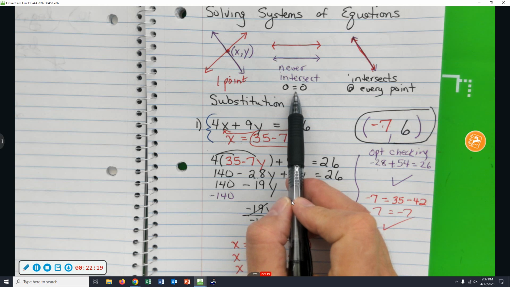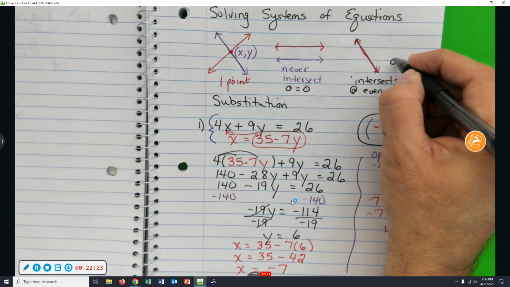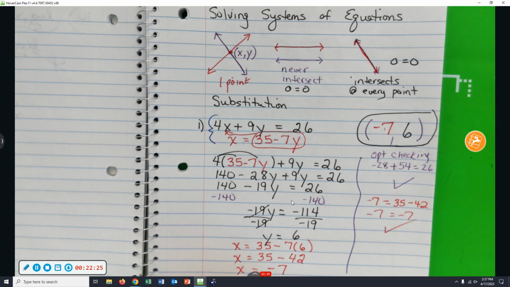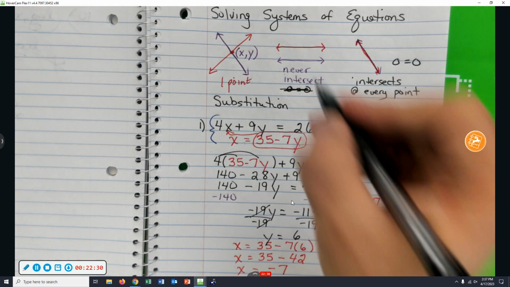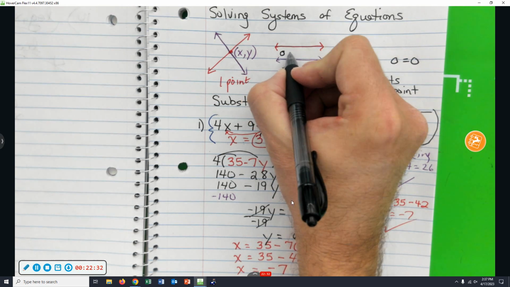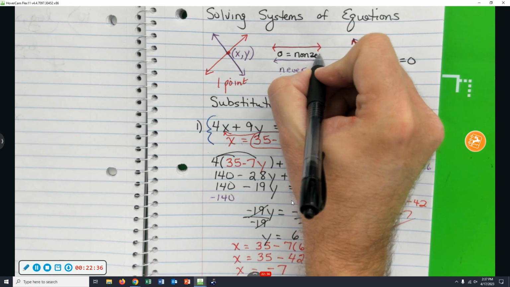No, that's not right. That's this one, 0 equals 0. For the never intersect, you wind up with 0 equals a non-zero number.